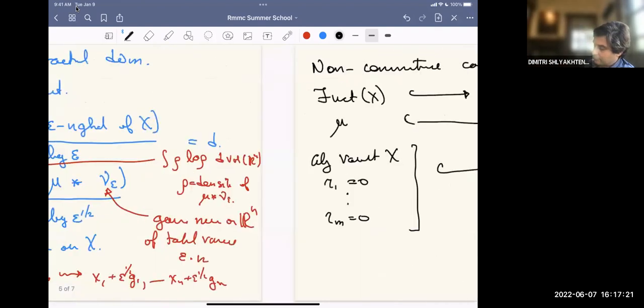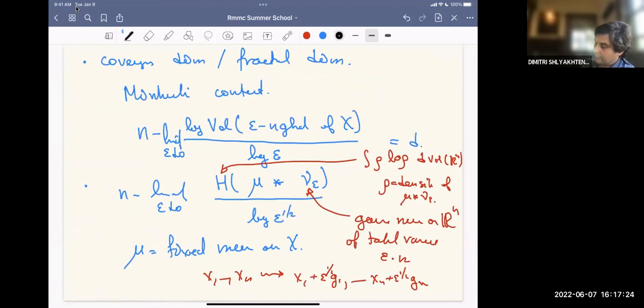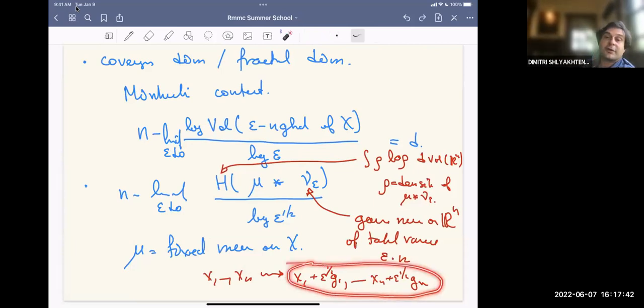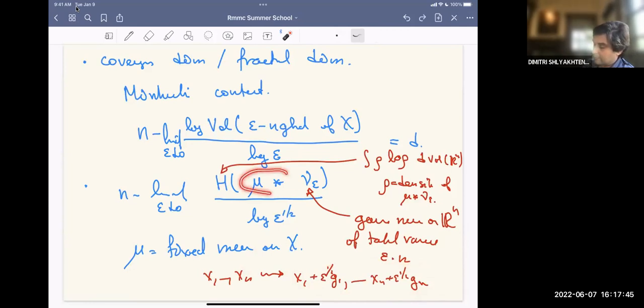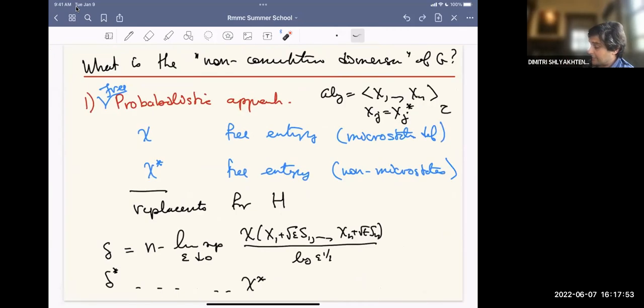So this is very much the formula that is here, only of course here I've written a classical convolution, but as I said, I could have written it as saying that I replaced the coordinates on my variety, which is endowed with a measure mu, with their perturbations by some Gaussian variables, right? And this is what gives me something that has as law this convolution of the measure with a Gaussian measure. And same story here, right? I can take semicircular variables and use them to perturb my generators.